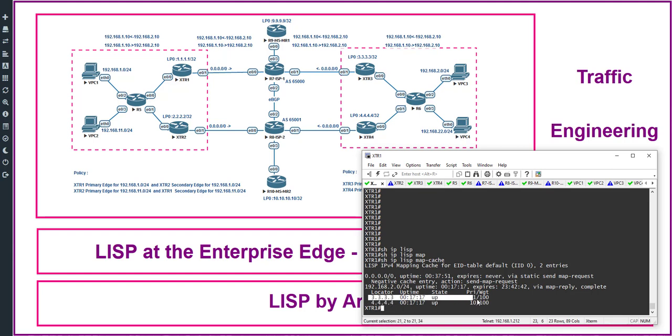This means that quad 3 has higher preference. Because of that, now as you can see, we are using XTR3. This is working now.